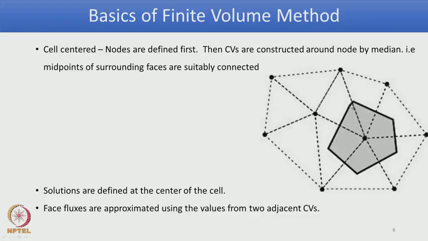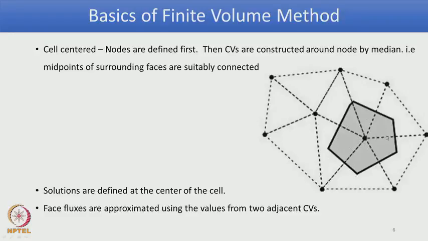If you look at this figure, there is one vertex here, the immediate adjacent vertex is here, and you take a midpoint and you have a face, a control surface of the control volume, passing through the midpoint. So, CVs are constructed around the node by median or midpoints of surrounding faces which are suitably connected. For each of these control volumes we construct a face.